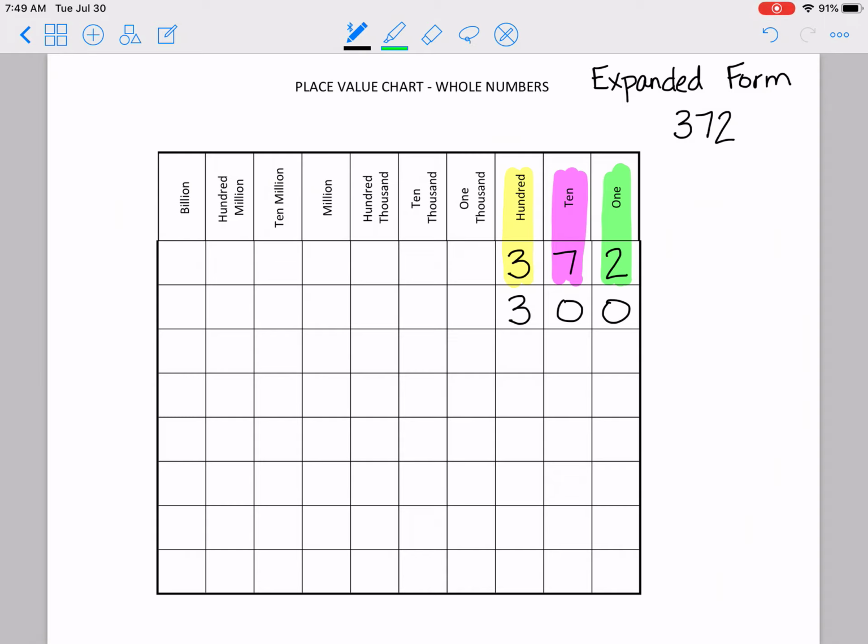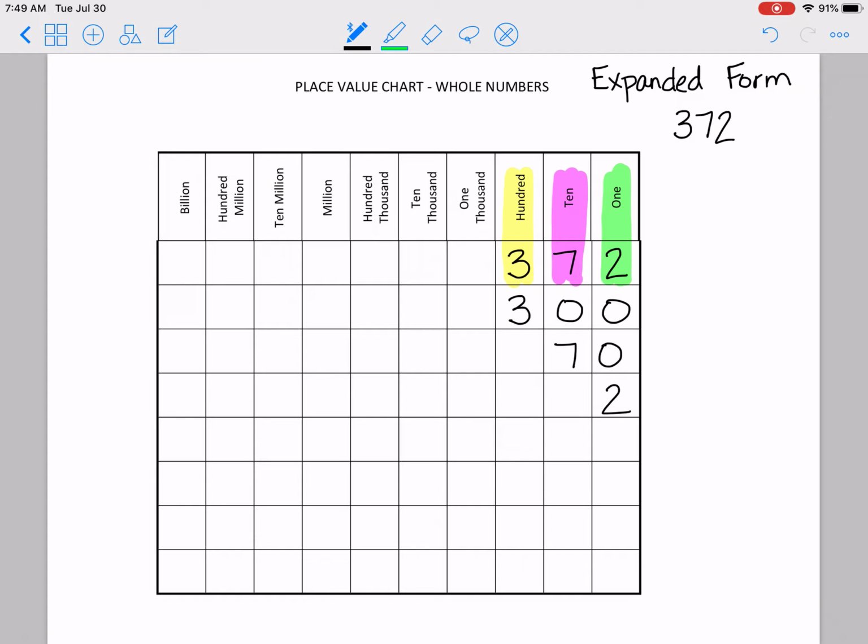The 3 actually has a value of 300. The 7 has a value of 70. And the 2, because it's in the ones place, just has a value of 2. We have 2 ones, 7 tens, which is 70, and 3 hundreds, which is 300.